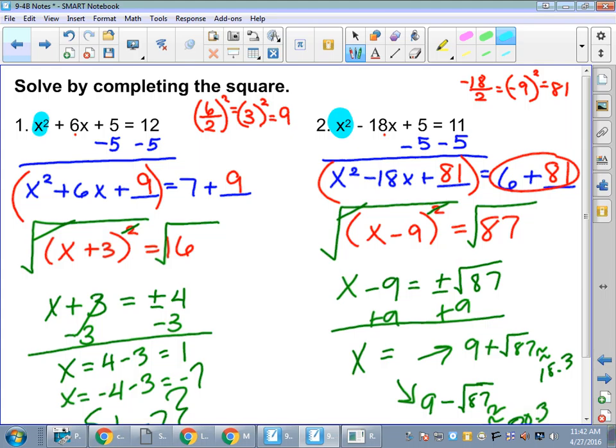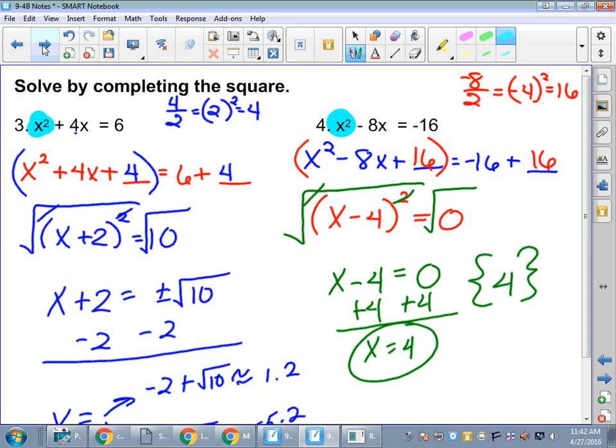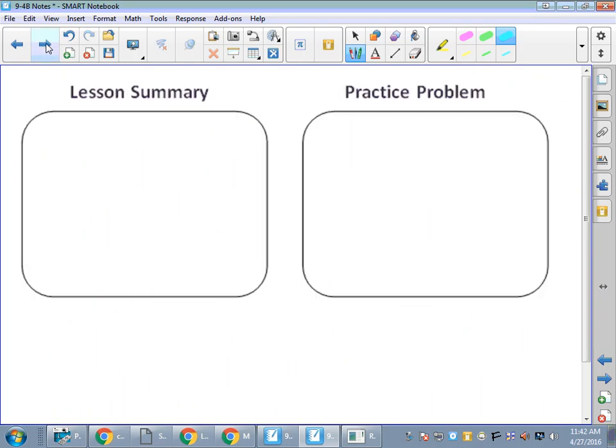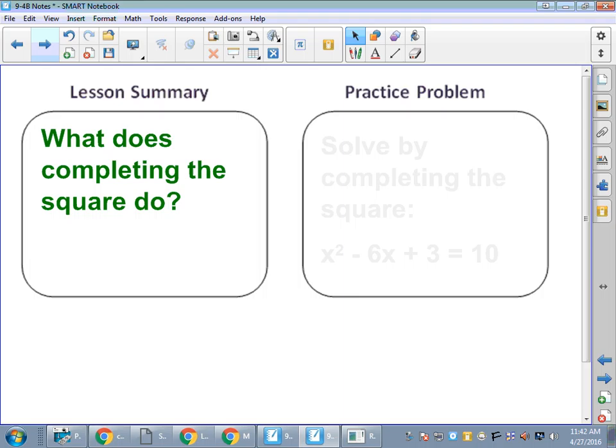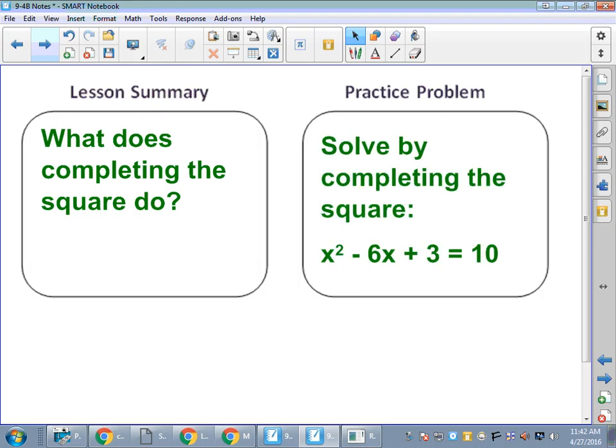It's a little bit more complicated, and so I have not shown you that way. So if you have an A value that's not equal to 1, you do not know how to use completing the square. Okay, so I wanted to point that out, that you can do it when it's not 1, but it does change the process a little bit, and you're not ready for that. That's something we share with you in Algebra 2.